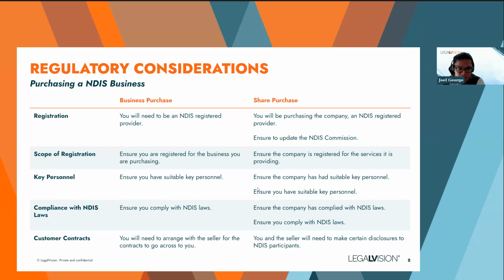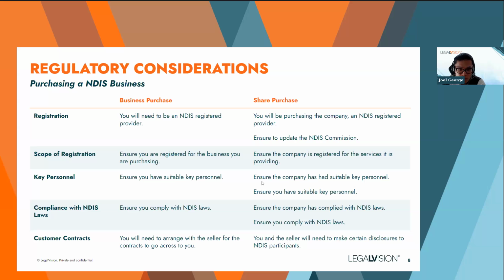So if we look at the first row, which is registration, in a business sale, you need to be an NDIS registered provider already because you'll be buying just the assets of an NDIS business. It's your responsibility to get registered. The scope of the registration will need to be registered for the business that you are purchasing and that you intend to keep providing.